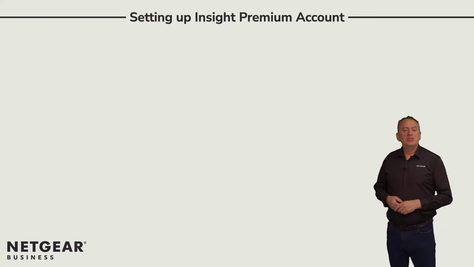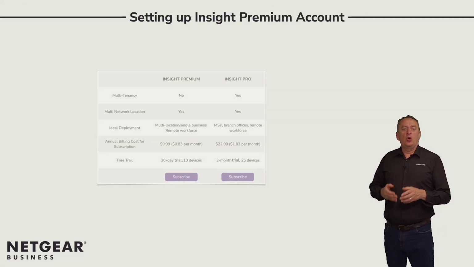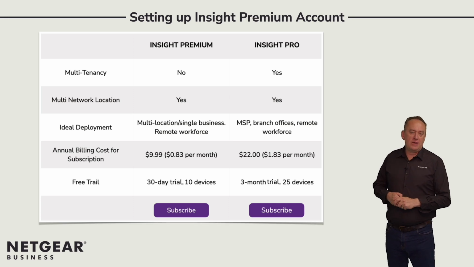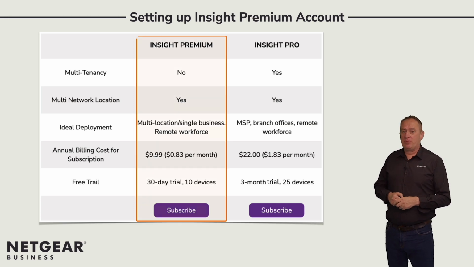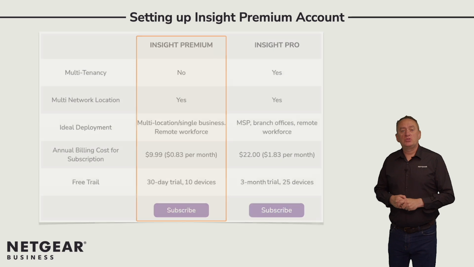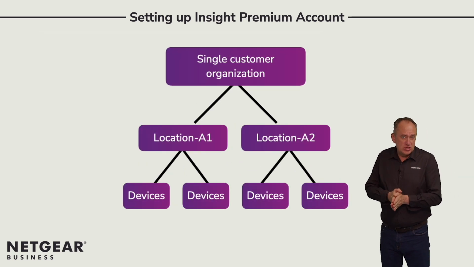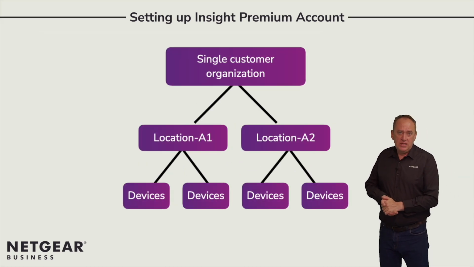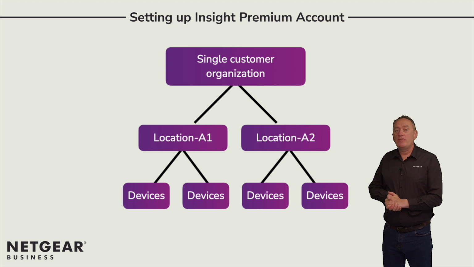Finally, as we mentioned at the beginning of this module, there is an option to set up your account as an Insight Premium account rather than an Insight Pro. As we learned in Module 2, this would apply for a single customer or single business proposition, which in the world of Insight we refer to as a single organisation.